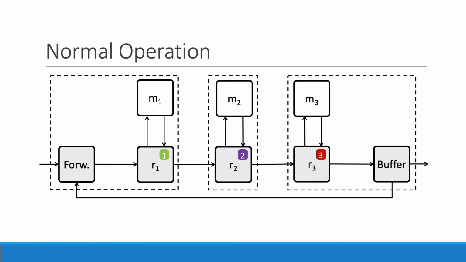FTC components communicate as shown. When a packet arrives, the forwarder piggybacks the state changes of middlebox M3 with the packet and forwards this packet.